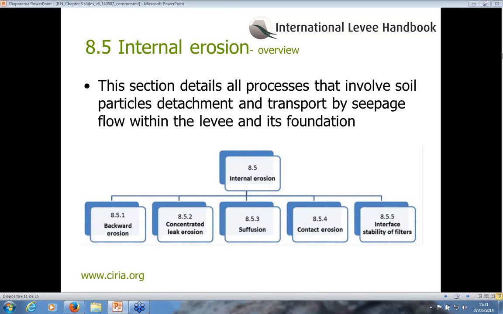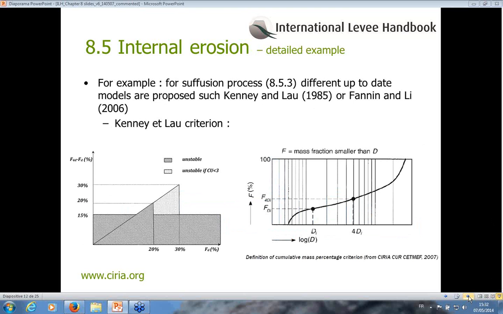For the suffusion mechanism, the synthesized geometrical condition proposed by Li and Fannin in 2008, on the basis of the Kézdi and Kenney and Lau criteria, is presented. The hydromechanical criterion proposed by Li, defined as a function of the Terzaghi critical gradient, is also given.